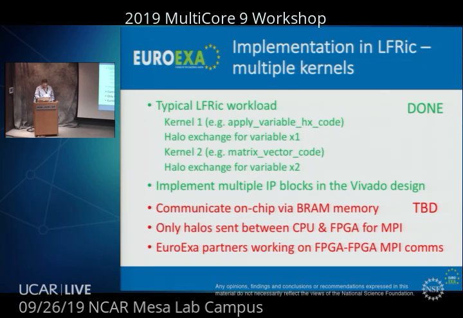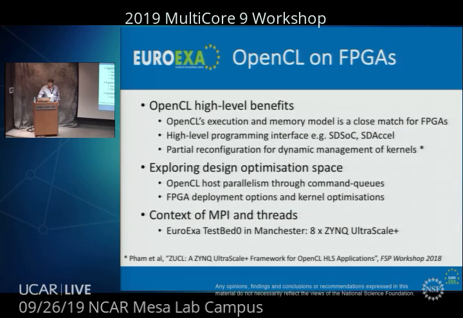And that's these red lines, where we want to keep the data on the FPGA and only exchange halo data with the CPU. If we're doing MPI on the CPU, another option which is being explored in the project is MPI between FPGAs, an analog of what you already do on GPUs with GPU Direct.